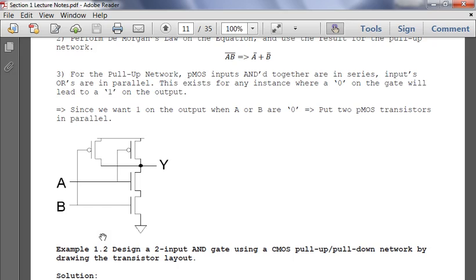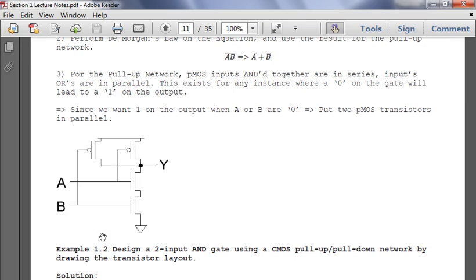If you have a 0, 1, what's going to happen is this pMOS transistor is going to be off, right? And one of the pMOS transistors is going to be on. So if it's 0, 1, this one will be off and B will be on. But since they're not both on, you can't have it flow through. But since one of these pMOS transistors is on, the 1 can still flow to the output.